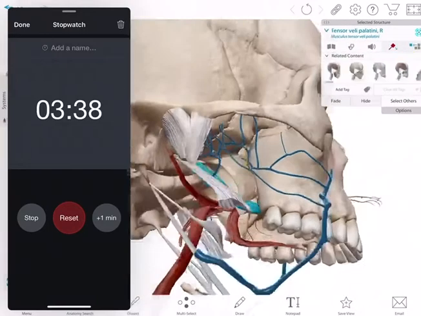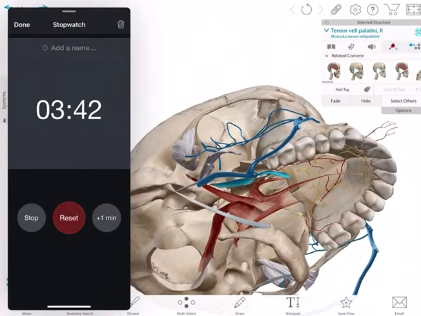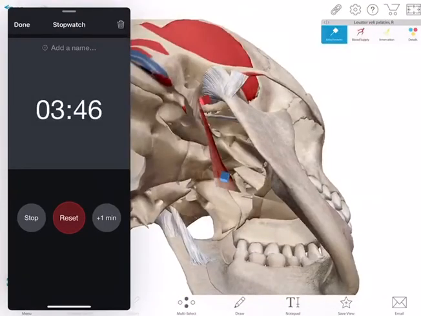Now the levator veli palatini muscle here. Looking at the attachment, it originates from the petrous part of the temporal bone. Here the origin is from the temporal bone, mainly the petrous part. Insertion is on the superior surface of the palatine aponeurosis here.